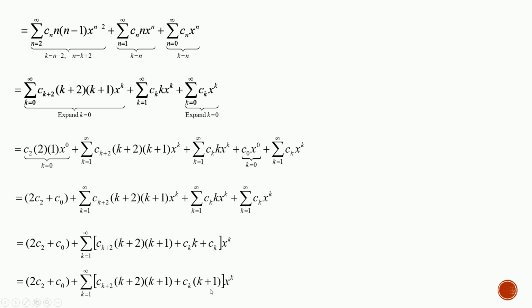And so again, this is a good answer. But notice here that you have a k plus 1 in common, and so you could factor the k plus 1 out, and that will give you this final answer. So again, any one of these last three answers technically are correct.